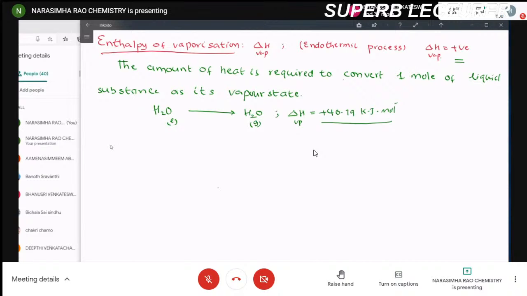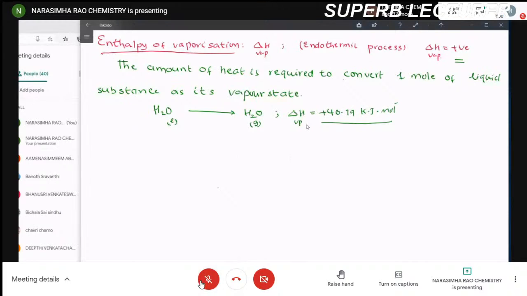Plus 40.6 or 40.79, no problem. It is 40.79 kilojoule per mole. This value is always a constant value.